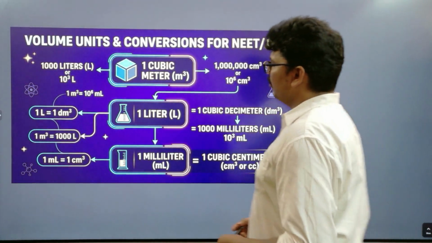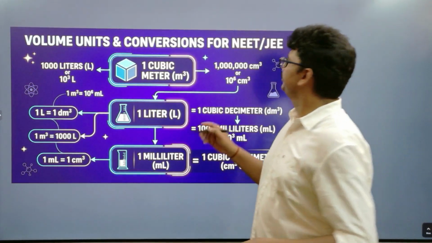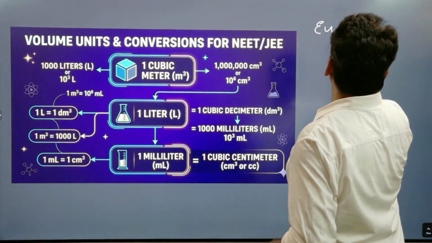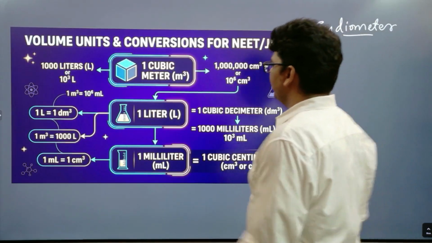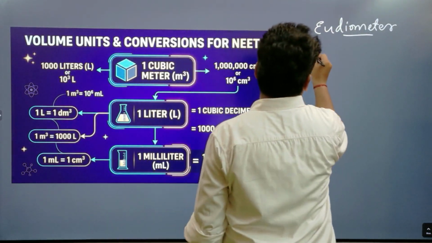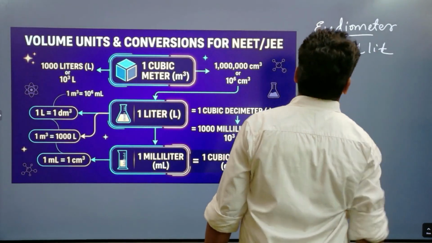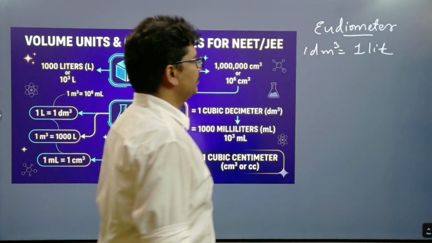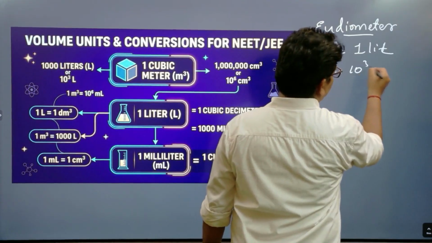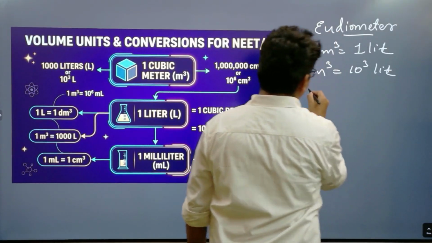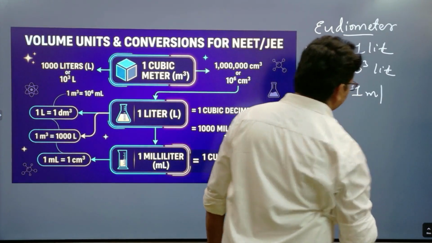Next, coming to volume conversions. Volume of a gas is measured by eudiometer. So volume conversions: 1 decimeter cube is equal to 1 liter. 1 meter cube is equal to 1000 liters. 1 centimeter cube is equal to 1 ml.